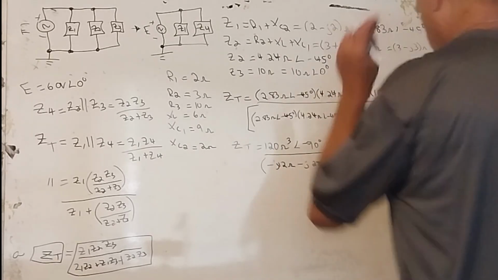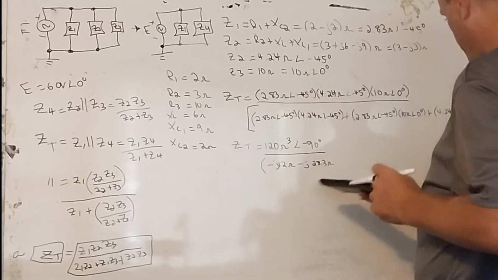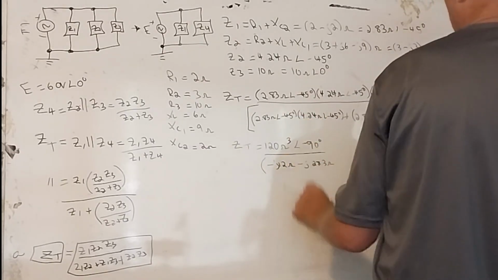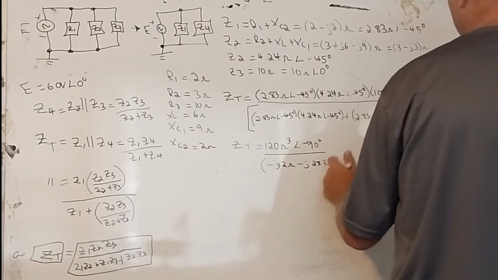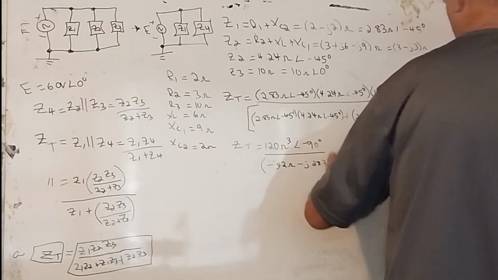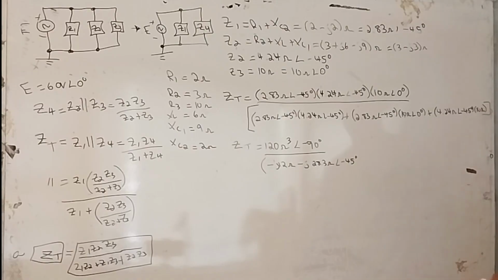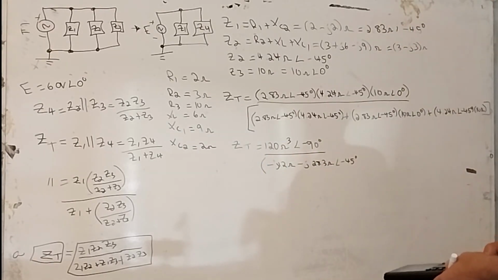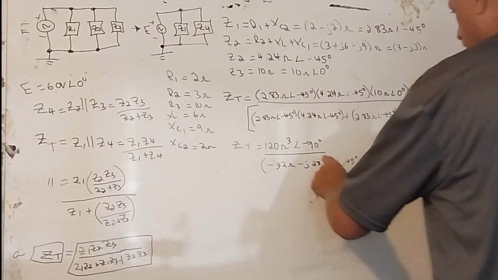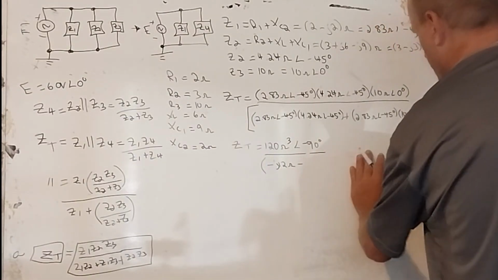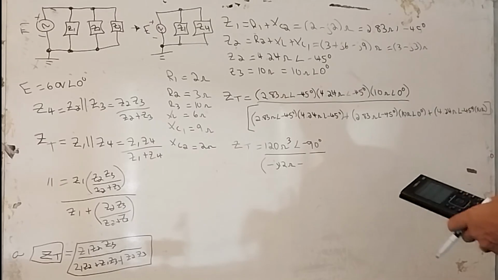Oh, I could write this if it was negative 90. This I can't because these are added together, but this is negative 45 degrees, so I still have to write negative 45 here. Actually, I can't put negative J. I've got to write minus.